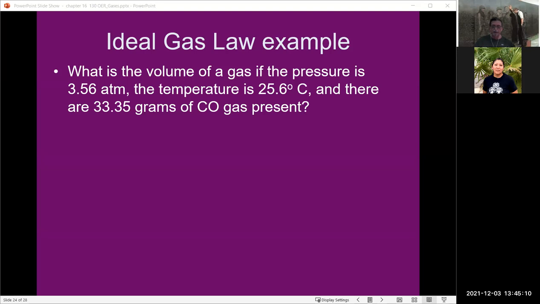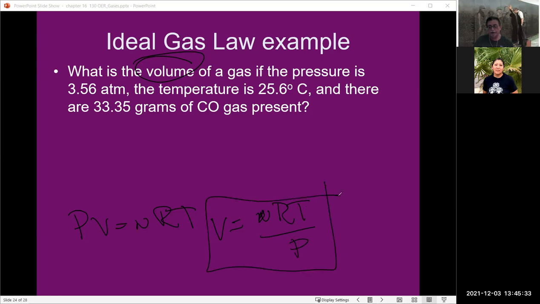And so here, the ideal gas law is PV equals nRT. The question says we want volume, so we arrange the equation to say volume is equal to nRT divided by pressure.